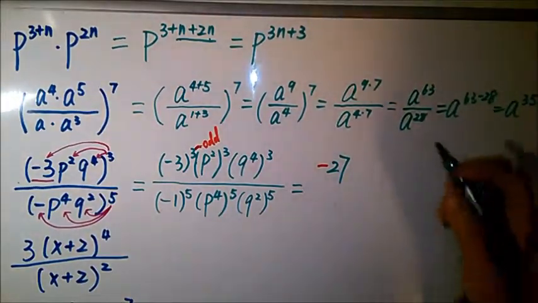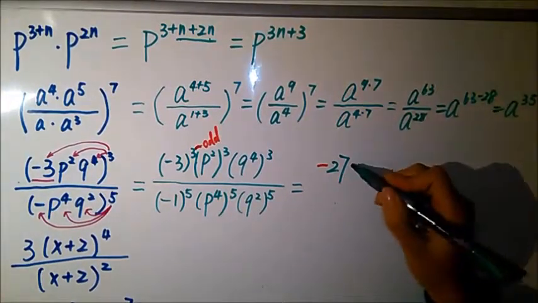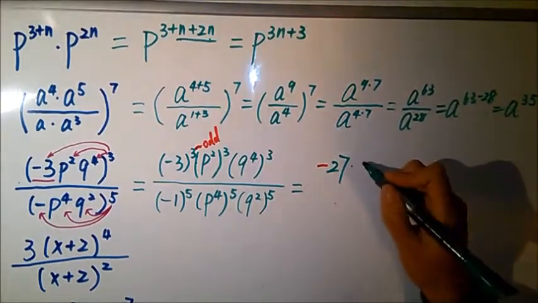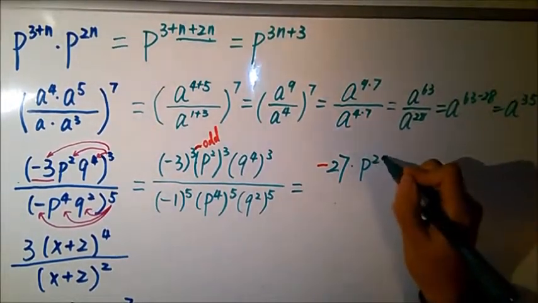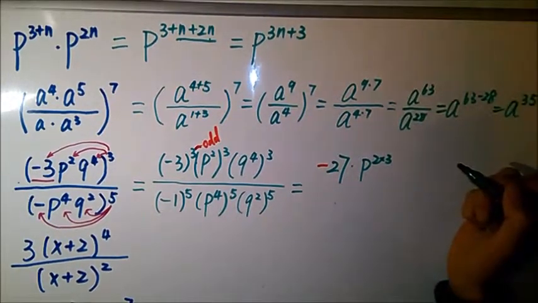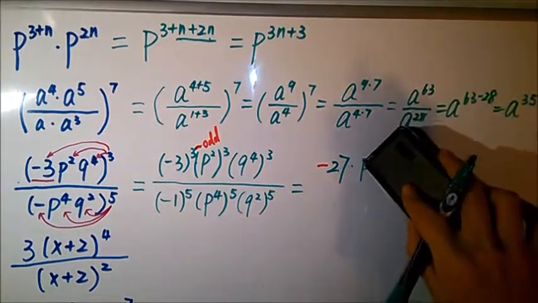So anything with a negative inside the parentheses and raised to an odd power is going to come out negative. So the answer will be negative 27. Okay, p to the second power, to the third power, will be 6. We'll add that later. So 2 times 3 is 6.